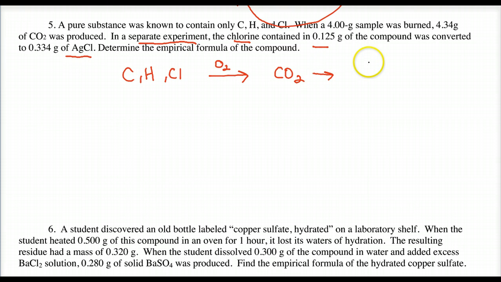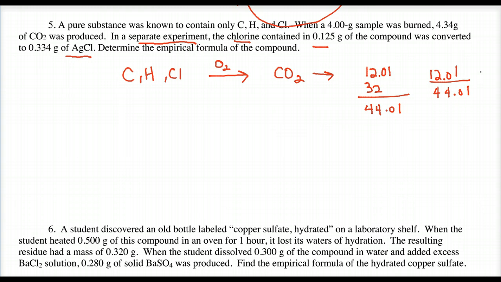And looking at CO2, we know that carbon is 12. I'm just going to use 12.01. Two oxygens, 16 each, so that's 32. And that gives me 44.01 grams total. We want to do percent by mass of carbon. Carbon is 12.01.